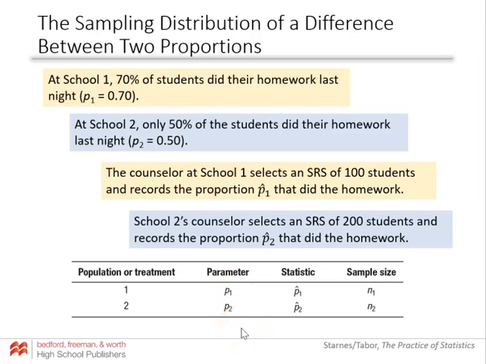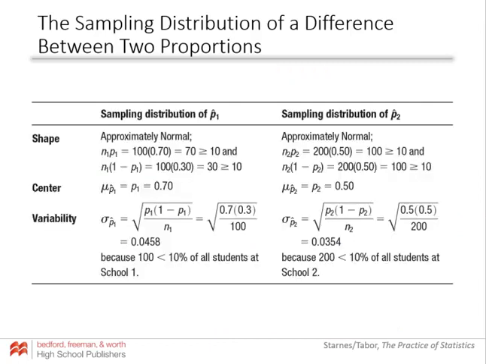Sometimes it makes more sense to use letters, like if it was like, I don't know, Patriot and Battlefield, so it would be like PP and then PB, something like that, but not always. And then our statistic, of course, is P hat 1, P hat 2. And then we have our two different sample sizes. So everything is denoted with a little 1 or 2 to say which sample or population it comes from.